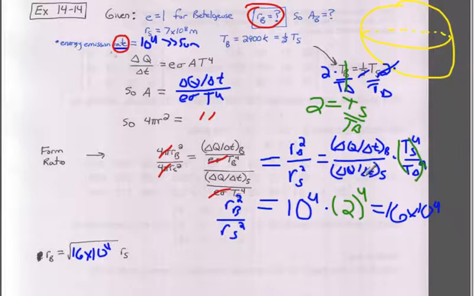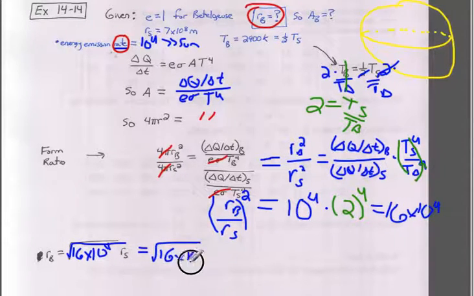You do your algebra how you want to, but it's all squared, so we can square root both sides. That's where this square root came from. And then multiply up the r sub s, which is going to go up there. And that's basically it. So we've got the square root of 16 times 10 to the 4th power, times the radius of the sun.